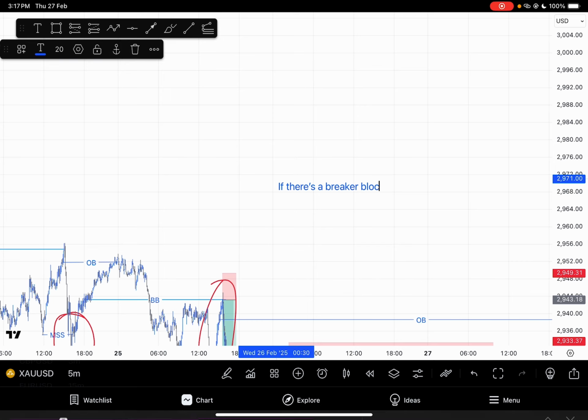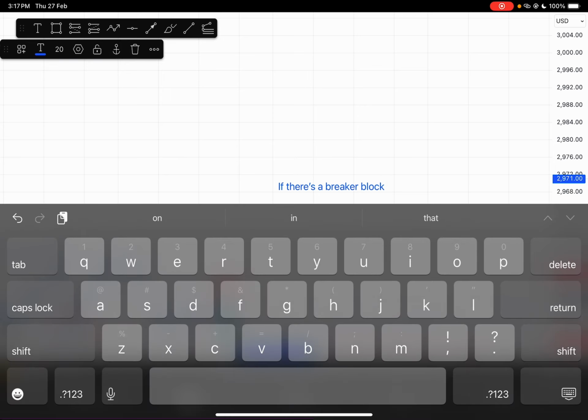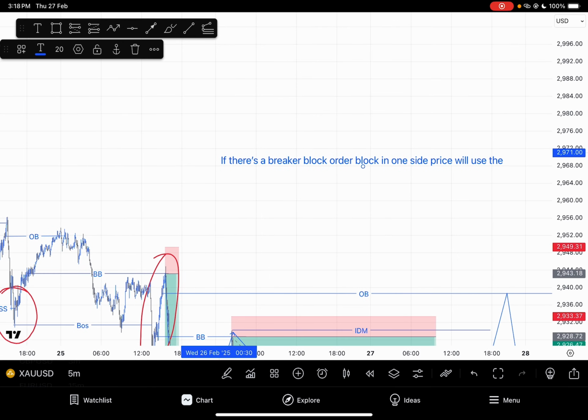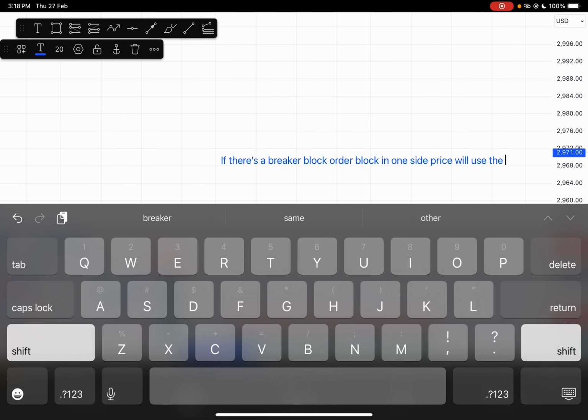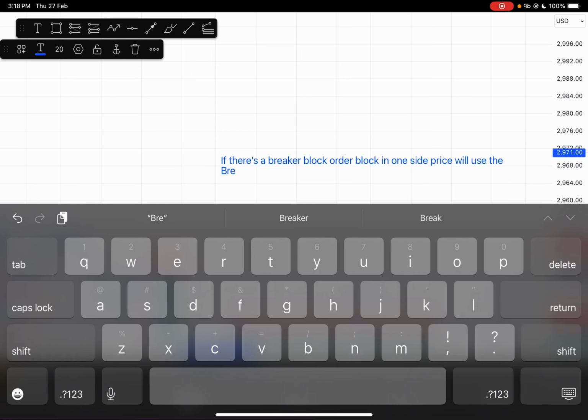If there's a breaker block and order block in one side, price will use the breaker block first.